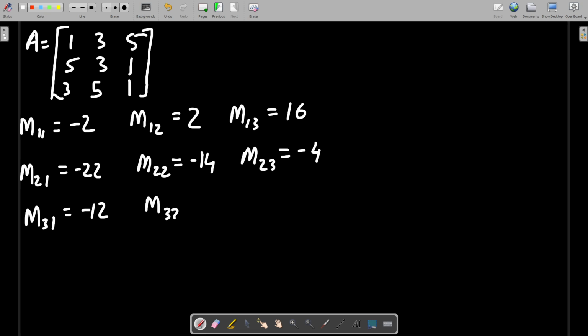M32, M32, what will this be? 1 into 1 minus 5 into this thing, so minus 24. M33, 3 into 1 minus 5 into 3, so again minus 12. So what will be the cofactor matrix? By the way, for 3 by 3, what are the entries now?